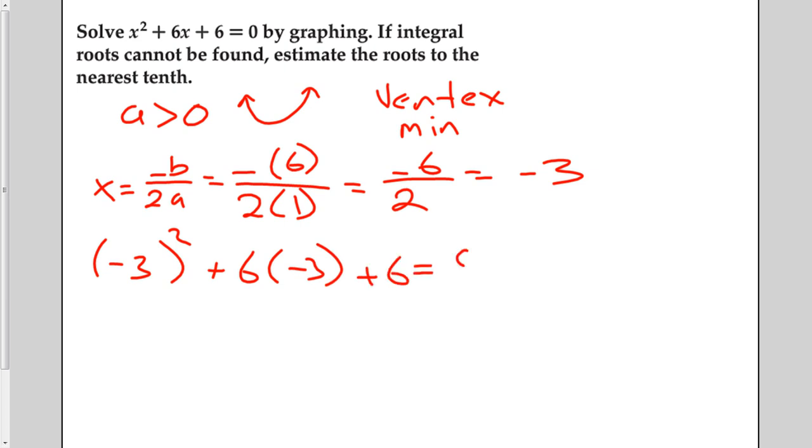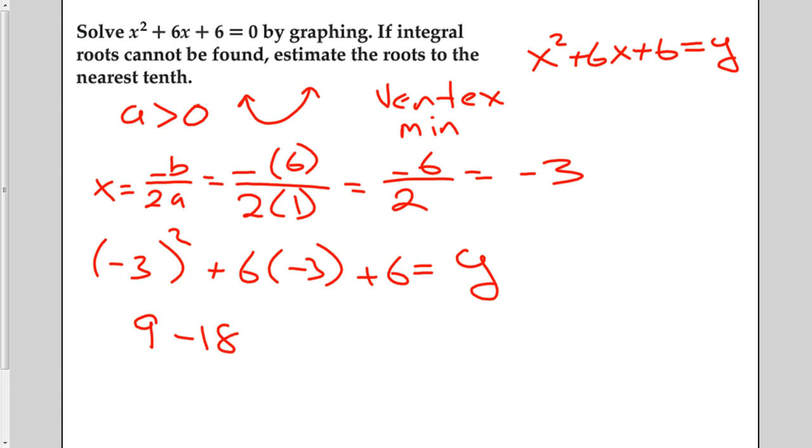And remember, the related function for this is x squared plus 6x plus 6 equals y. That's the related function to this equation. And so I'm going to plug in my axis of symmetry x value to find the y value. So I get positive 9 minus 18 plus 6. So positive 9 minus 18 is minus 9, plus 6 is equal to minus 3.